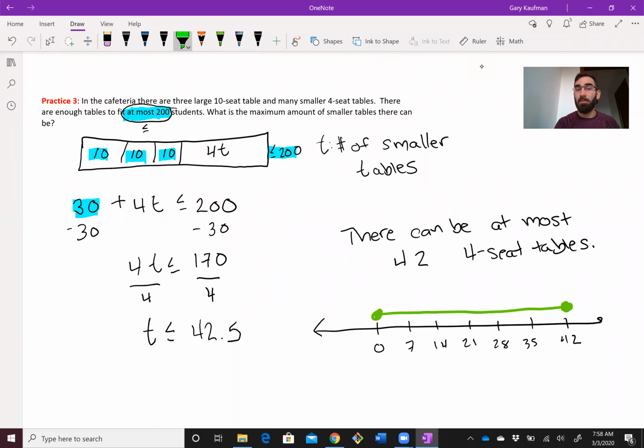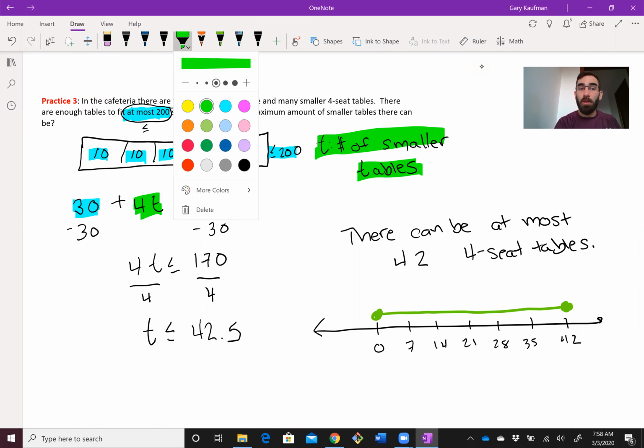So that's why I defined T as number of smaller tables. Well, there are 4 kids per table. It doesn't say that, but we have to take some of the assumption. So 4 kids per table, well, that per means multiply. So that's why 4T. So that's why I put that in there.